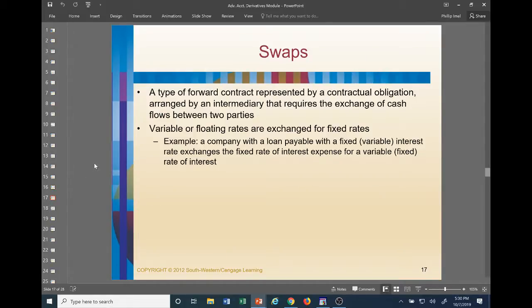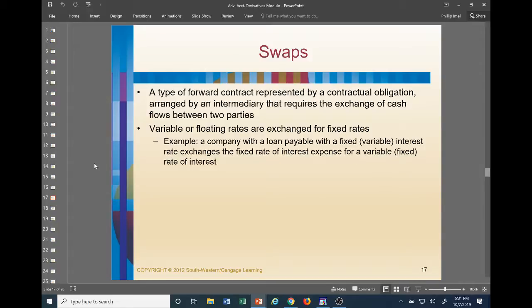Swaps. So a swap is a type of forward contract represented by a contractual obligation arranged by an intermediary that requires the exchange of cash flows between two parties. Now, swaps are customized to meet the needs of the specific parties and are not traded on regulated exchanges.